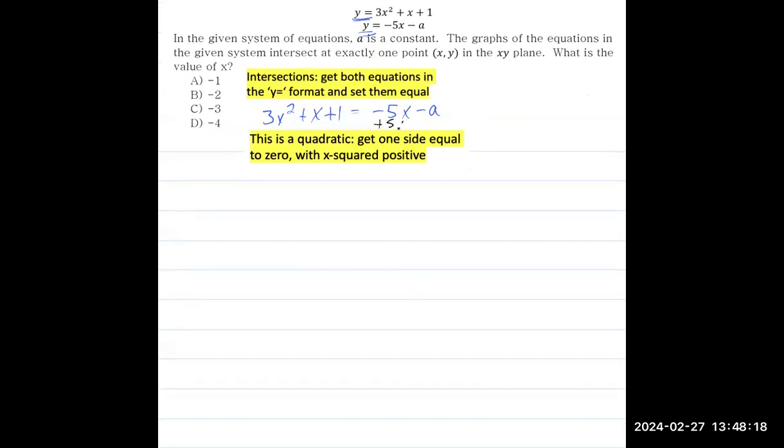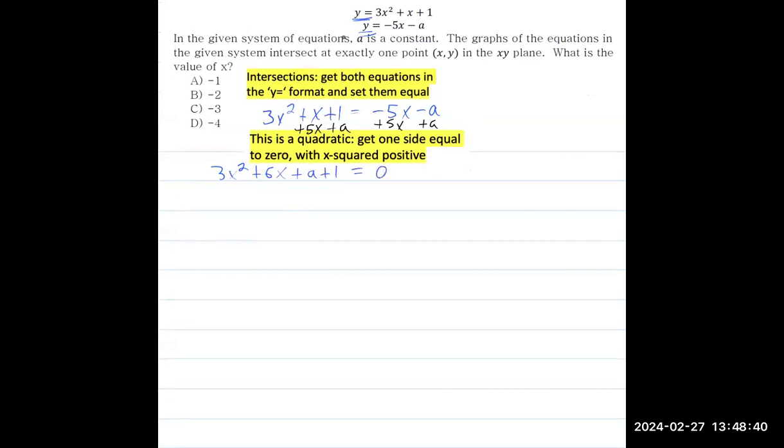So we'll add 5x and we'll add a. So plus 5x and plus a. So putting that all together, it'll be 3x squared plus 6x plus a plus 1 equals 0.